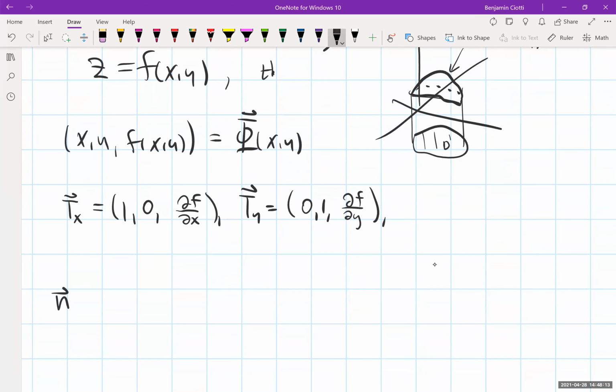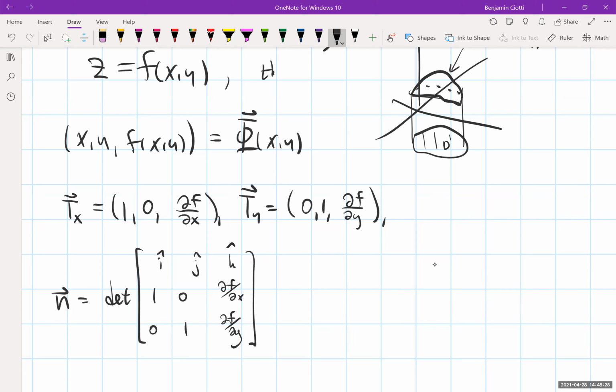Your normal vector will be the determinant of 1, 0, df dx, 0, 1, df dy, which is, let's see, what is that?